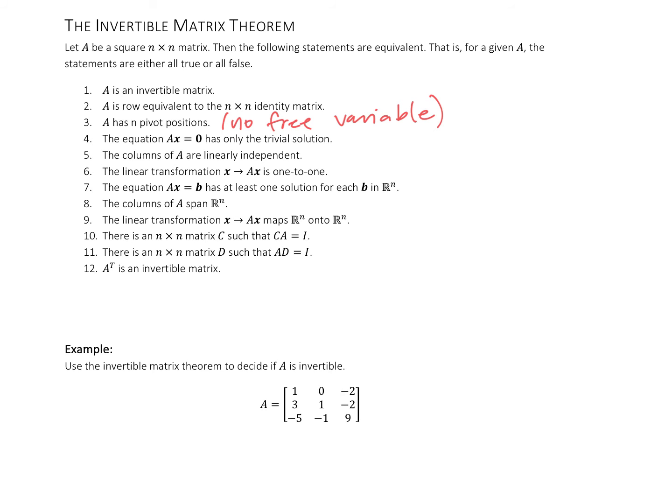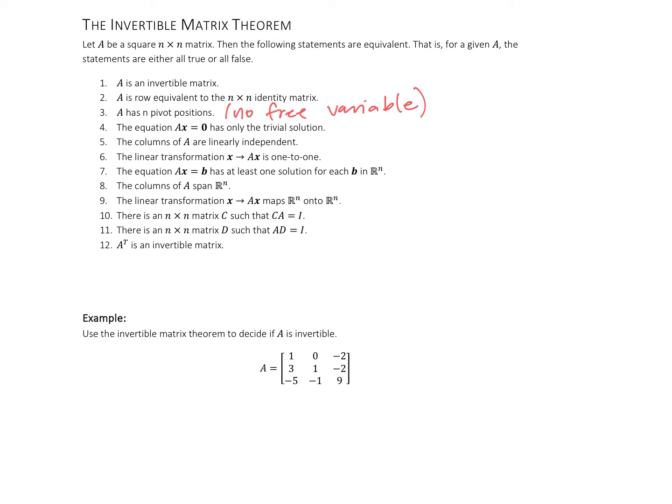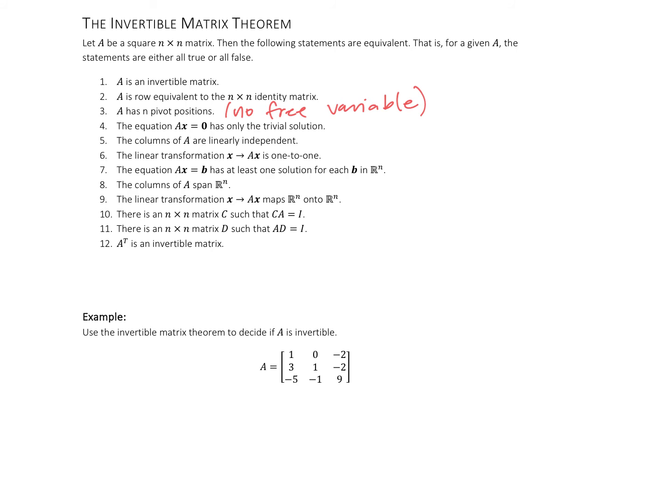And the nice, easy way to do this is just to show that we have n pivot positions. So if I take this matrix and do a couple of row operations, and basically if I can get these to be zeros and these to have numbers still, then I'm good. Essentially what that means is that I don't have any repeated rows here, so we want to make sure that's not happening.